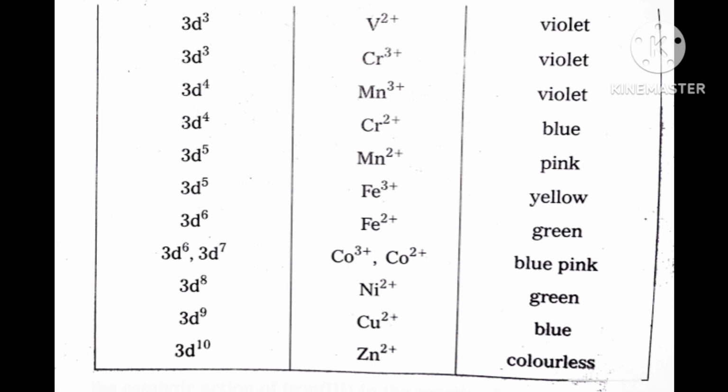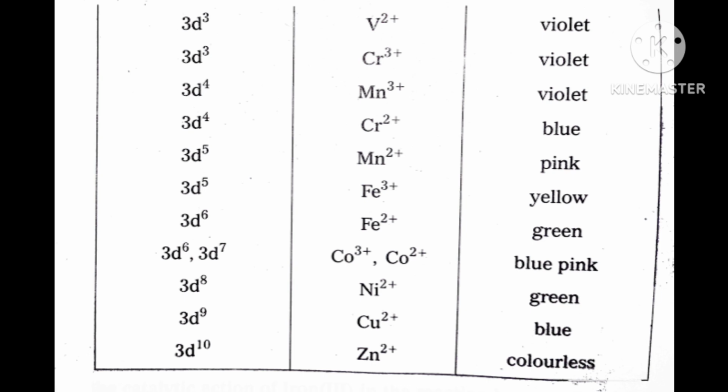First row transition metal ions in aqueous solution. I am telling you in reference to aqueous solution, from left to right, starting from vanadium to copper. Now I will start with scandium also, scandium from left to right, complete.